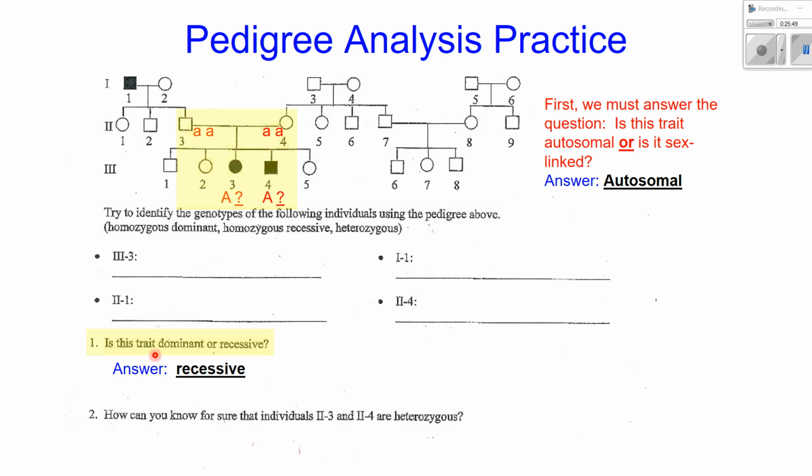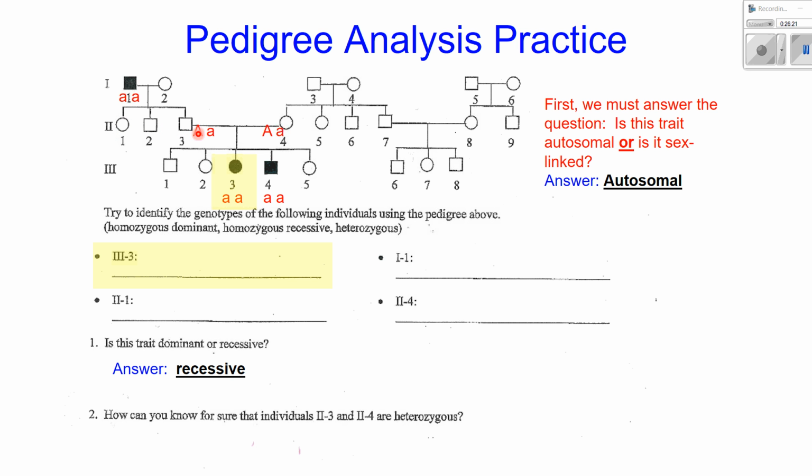And since I know that, I need to change the way I labeled my genes. I can't use big A for the shaded in people, because whatever trait they have is a recessive trait. I now know it's a recessive trait. So that means the shaded in people are going to have to be my little a's. It's the unshaded in people, this guy, and this lady, and this guy, and this guy.